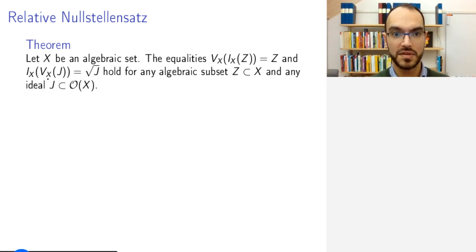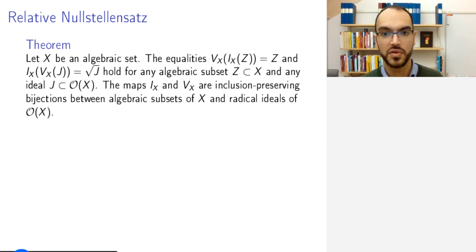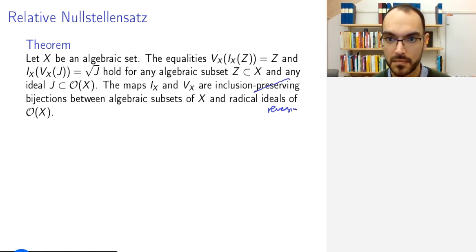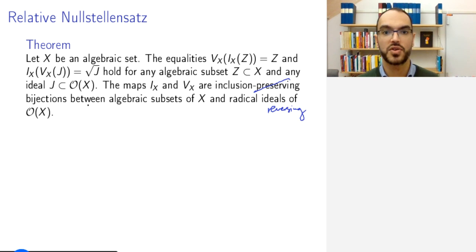If you take them in the other order, you get the radical of the ideal. And so you get inclusion, sorry, not preserving, but reversing bijections between algebraic subsets of X and radical ideals of O of X.